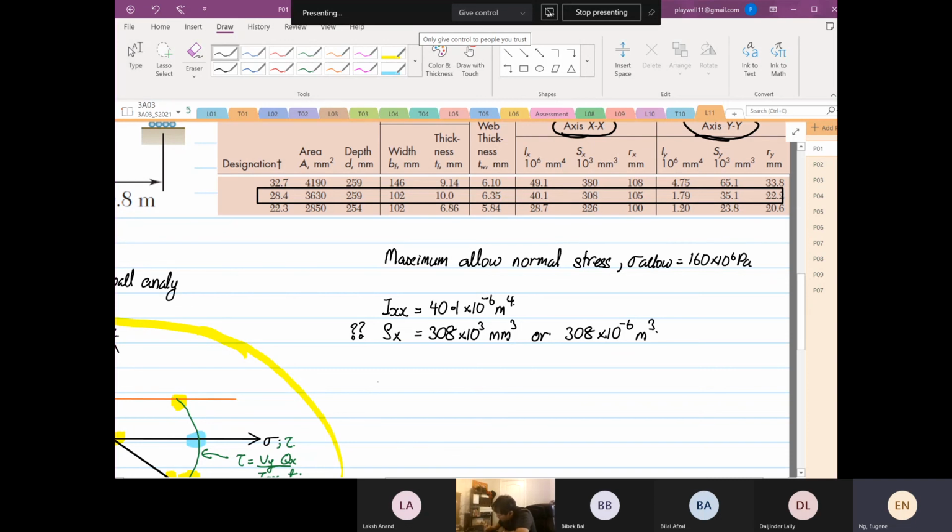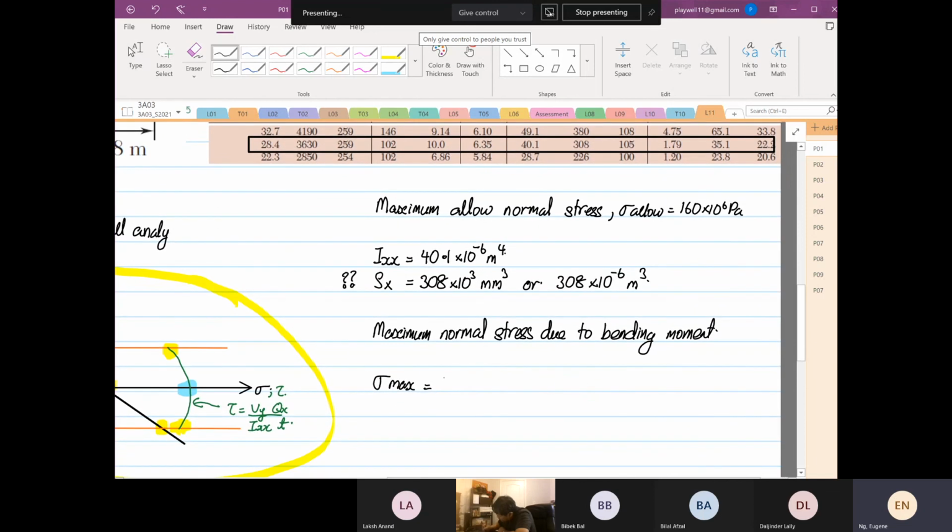When you calculate the maximum normal stress due to bending moment, you have stress max equal to Mx over IXX multiplied by y.